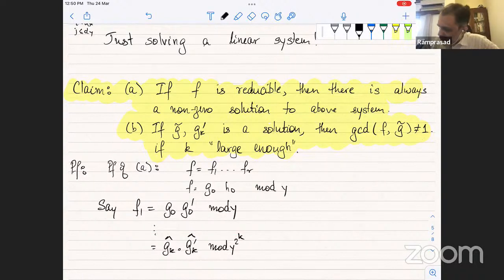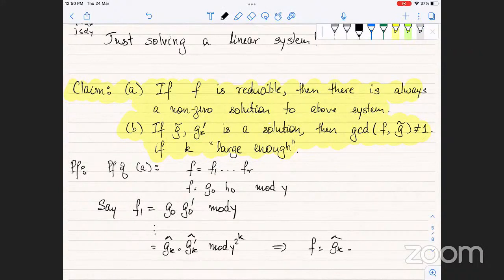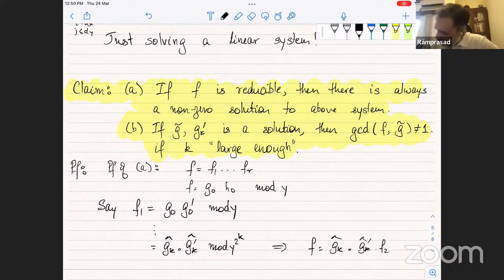So this implies that F equals GK hat times GK prime hat times F2 to FR mod Y to the power 2 to the power K.